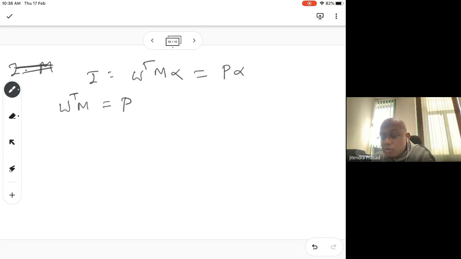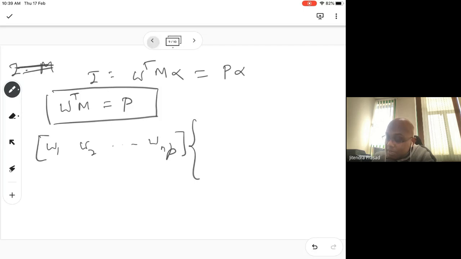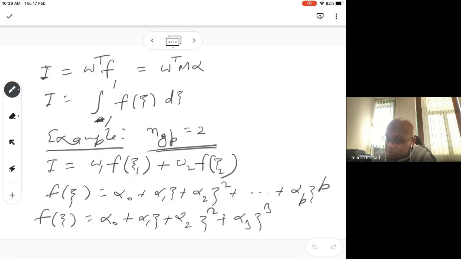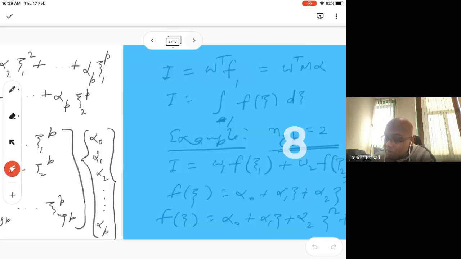So alpha is non-zero. This tells you this, and we can actually write it as W1, W2 to W ngp, and P, and then you have the M matrix, and the M matrix looks like this. So 1, xi1, xi2 till to the power p.